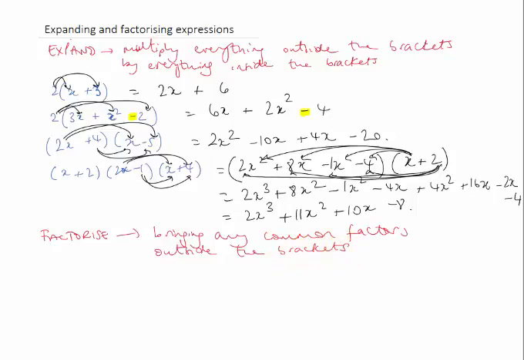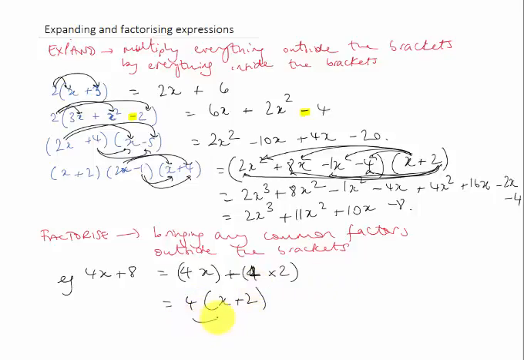So for instance, let's imagine we've got the expression 4x plus 8. You can see they both have a 4 in them. So that's 4 times x plus 4 times 2. So then we take the 4 and we're left with x plus 2 inside the brackets.